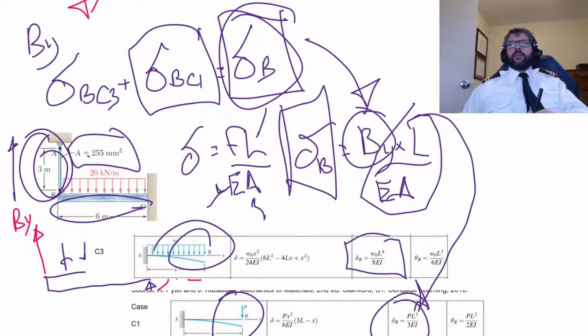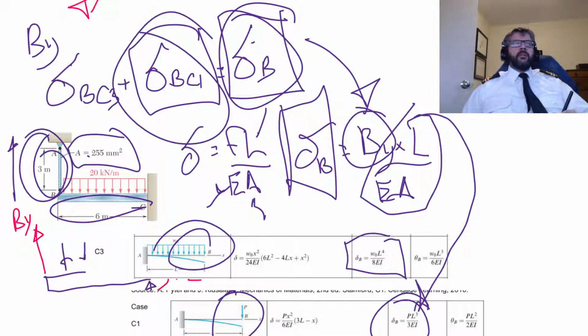So then, again, we got a BY term here, we got a BY term there. We can solve for that because we know everything that goes into our delta BC1 term right here.